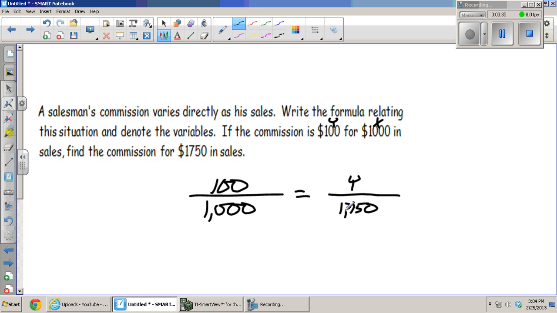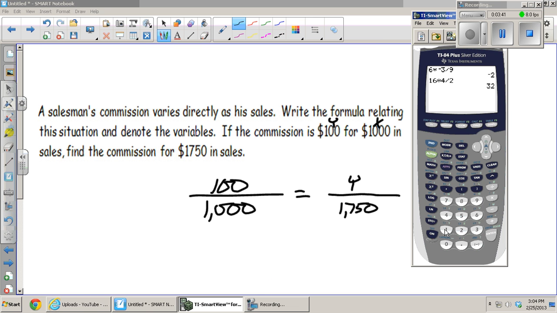So I'm going to go 1750 times 100 divided by 1,000, all in one step. Uh-oh, I drew too many zeros there, didn't I?